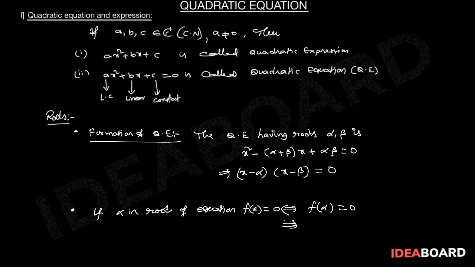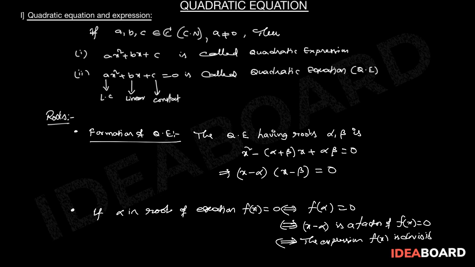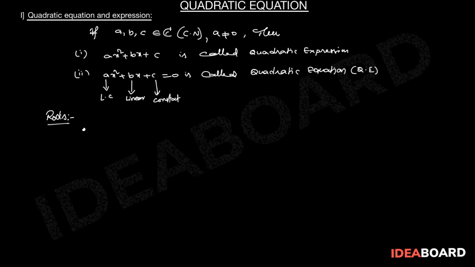That implies and is implied by x minus alpha is a factor of f of x, that implies and is implied by the expression f of x is divisible by x minus alpha. In general, a quadratic equation has at most two roots.